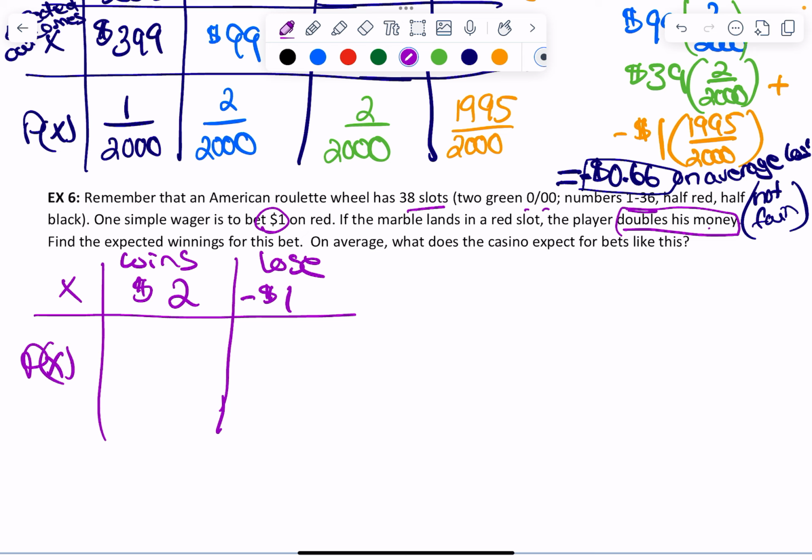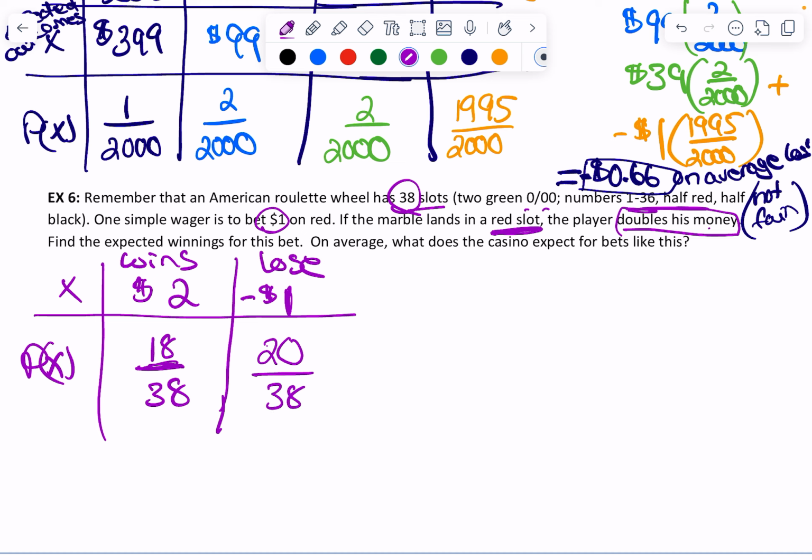For the probability of each: in a red slot, remember half are red, so there's 18 red out of the 38 slots, so 18 over 38. Then if we lose that $1, it would be landing on all the others. So 38 minus 18 is 20, so 20 over 38.